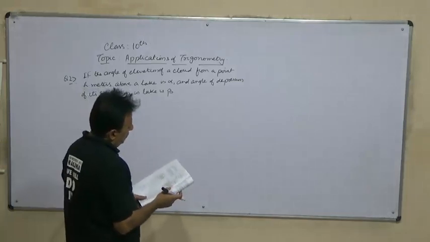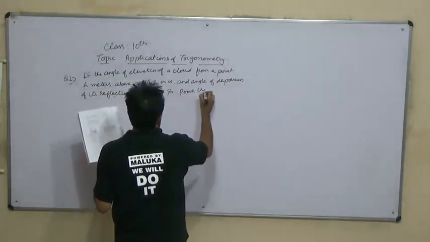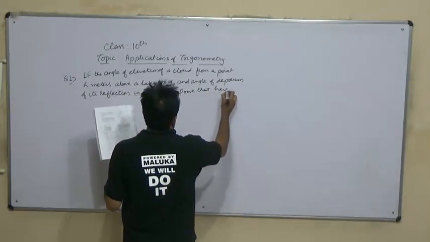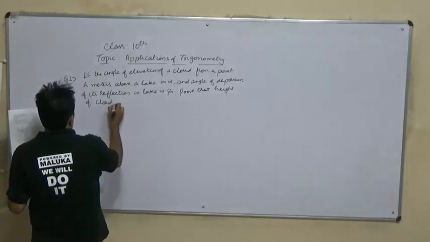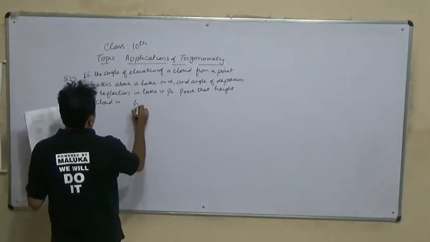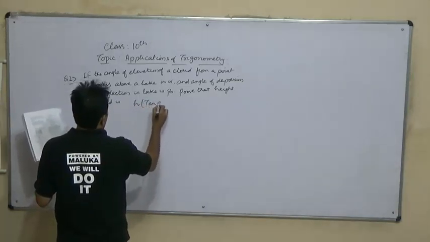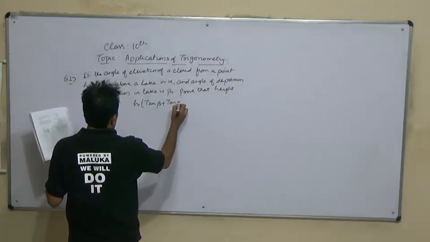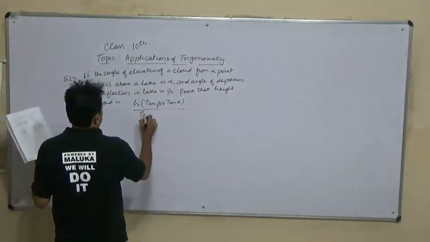Prove that the height of the cloud is h times tan beta plus tan alpha upon tan beta minus tan alpha.